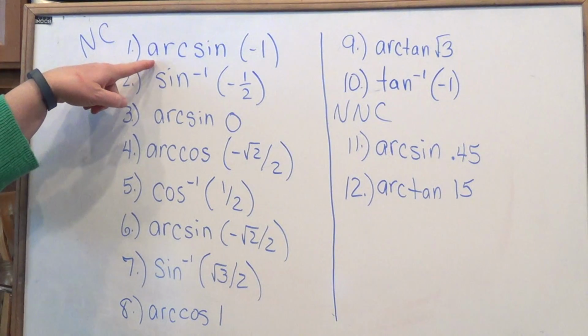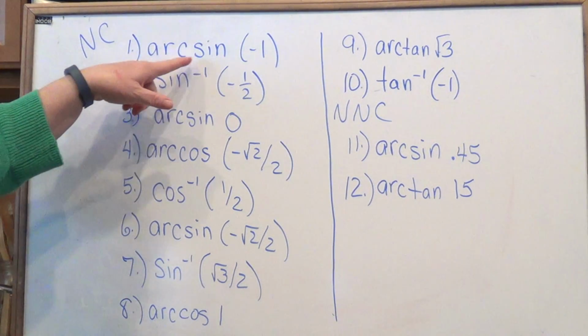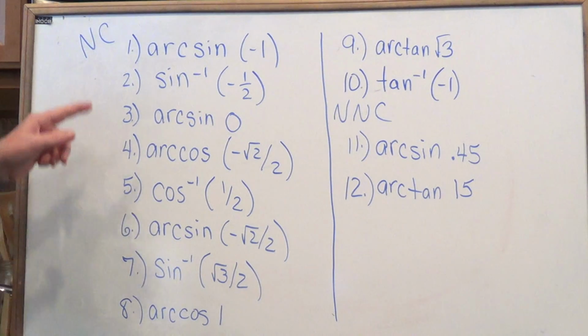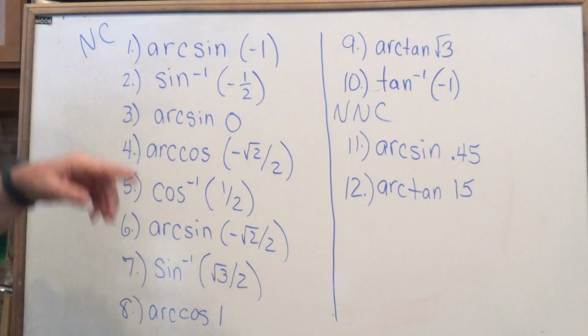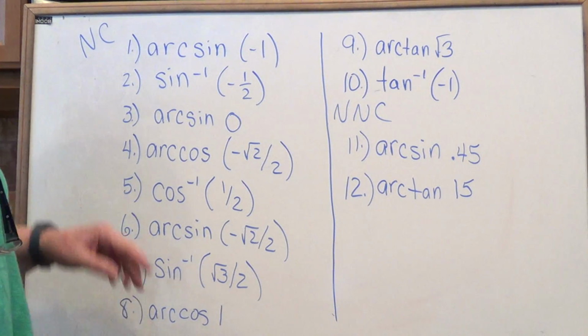By way of reminder, number 1 is looking for the angle that has this as its sine. That's what the word arc sine is asking you to do. So you look at your unit circle. If you don't have it with you, you can recreate one quickly.